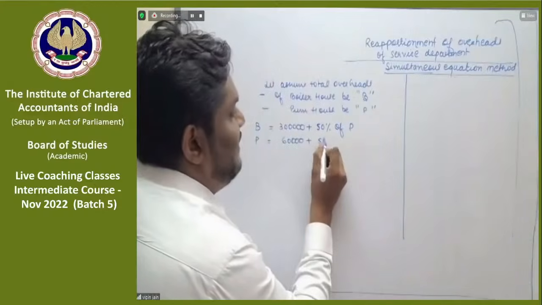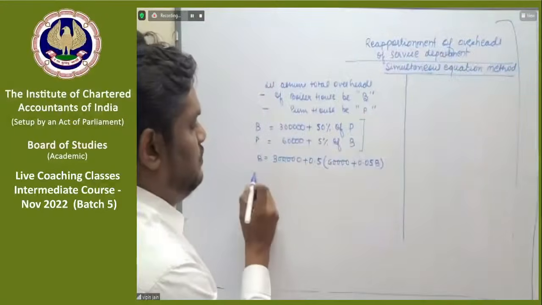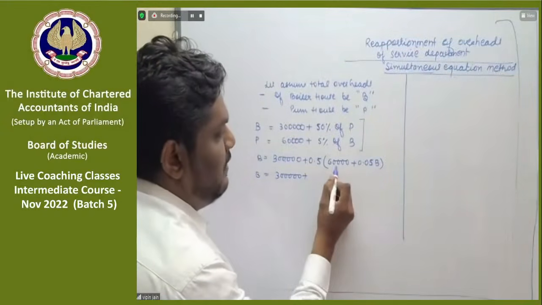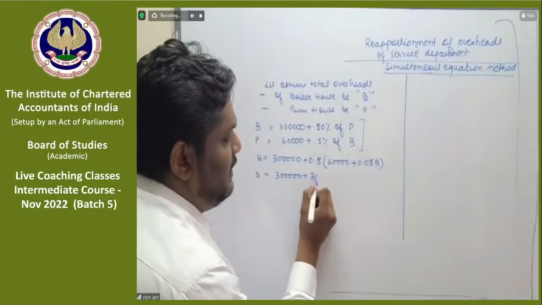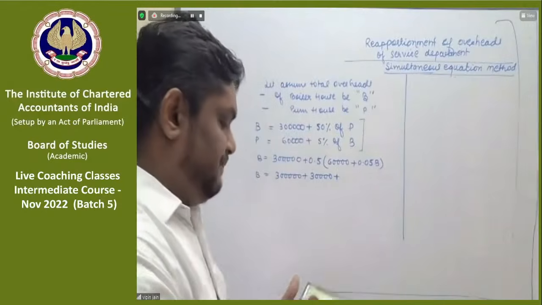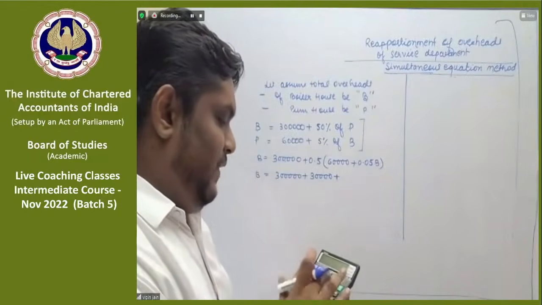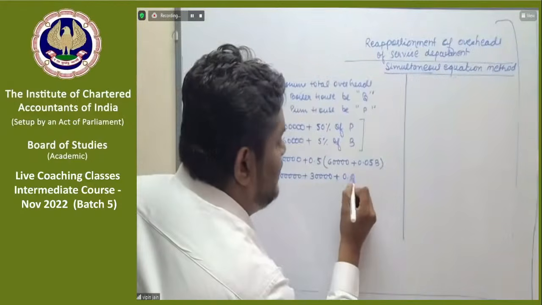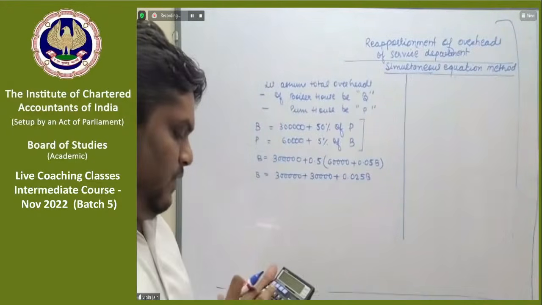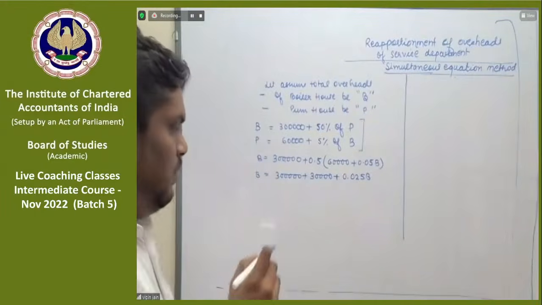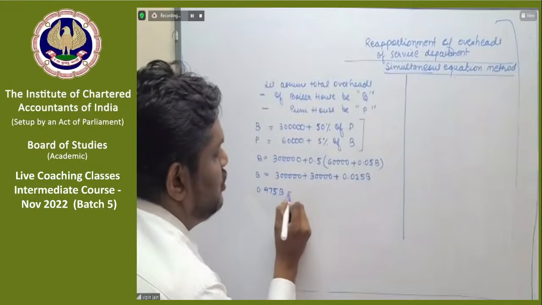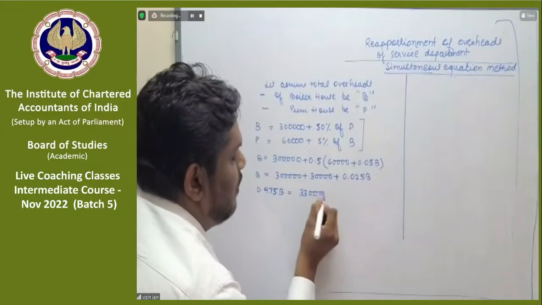So B will be equal to 3 lakh plus 50% of 60,000, that is 30,000, plus 0.05 into 50%, that is 0.025 B. So this will be 0.975 B should be equal to 3,30,000.